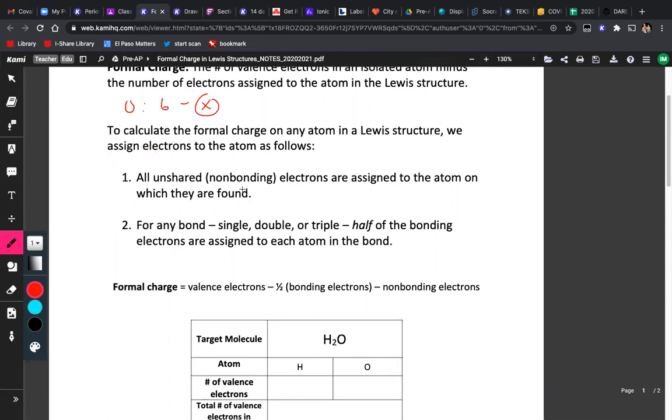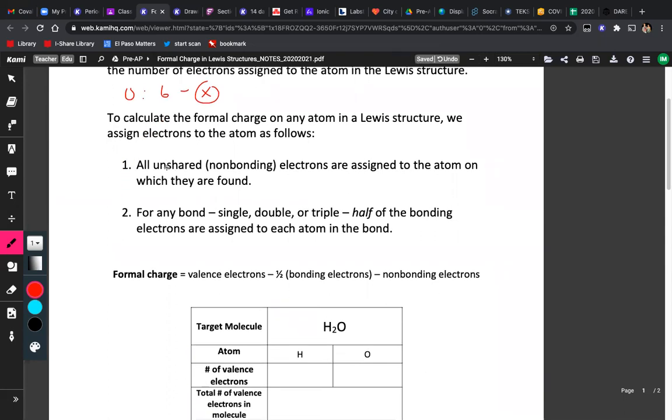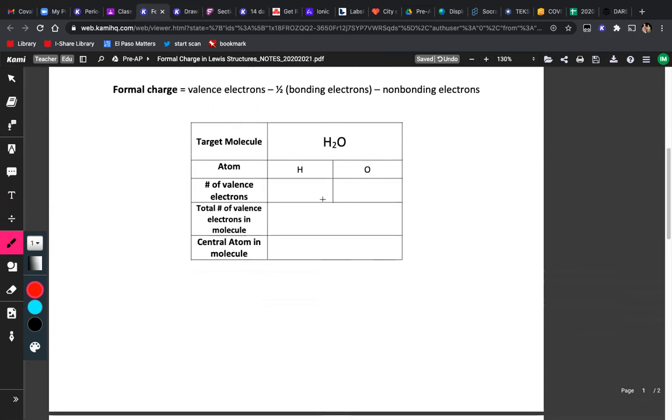One, all unshared or non-bonding electrons are assigned to the atom on which they're found. Two, for any bond, be it single, double, or triple, half of the bonding electrons are assigned to each atom in that bond. Let's just do this example.